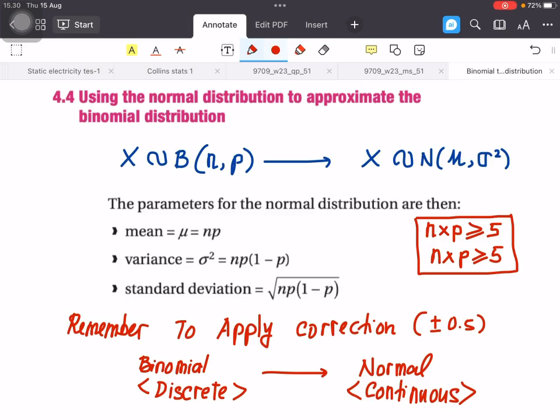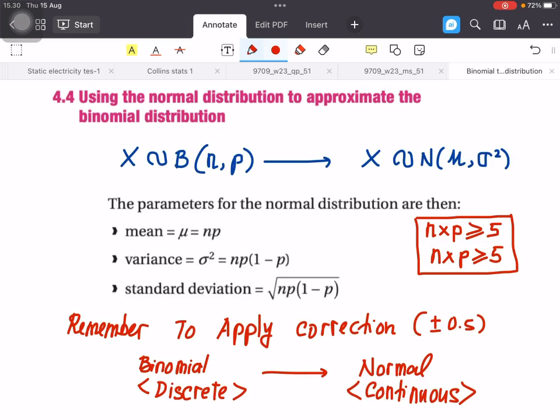Now, how do we change the parameters in binomial to parameters in normal distribution? We know that in binomial distribution, the mean is n times p. So the mu here can be found by using this formula: mu is equal to n times p.